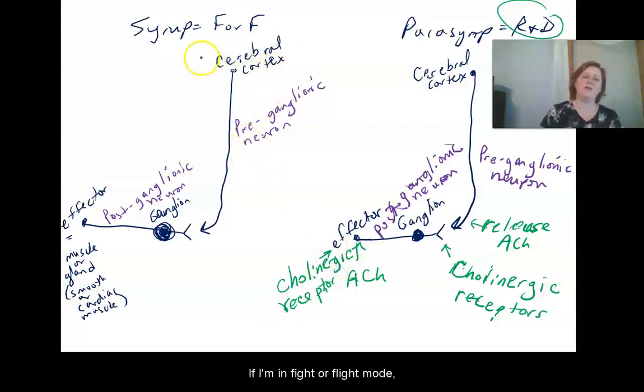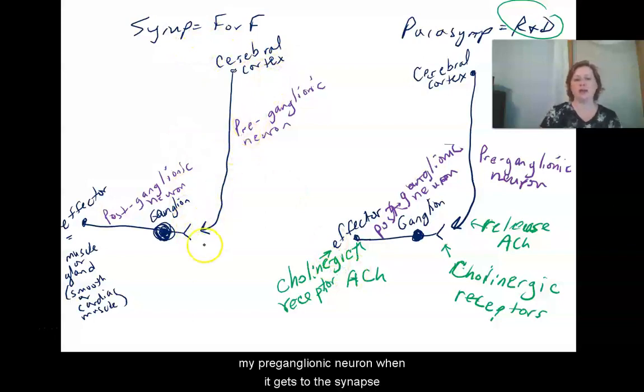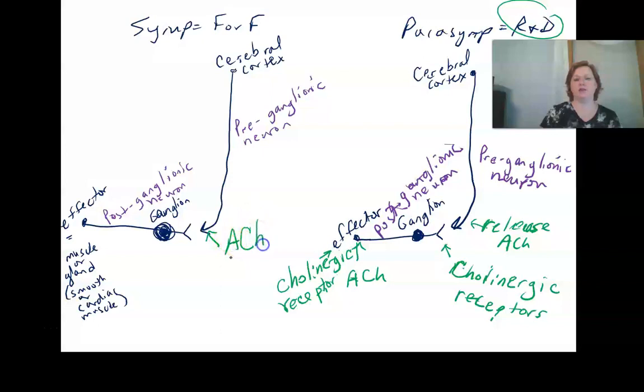Now, if I'm in fight or flight mode, my preganglionic neuron, when it gets to this synapse, is going to release, again, ACH. Remember we said that we use ACH, or acetylcholine, for 3/4 of our autonomic nervous system, which means this neuron, again, has to have cholinergic receptors.